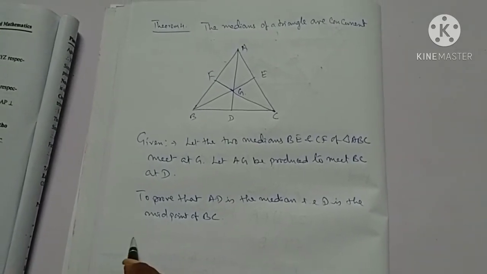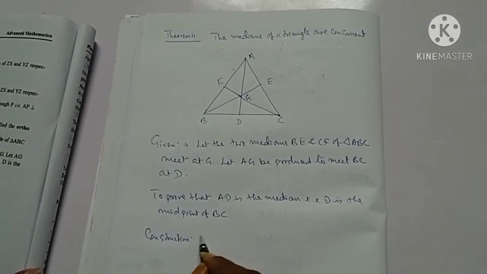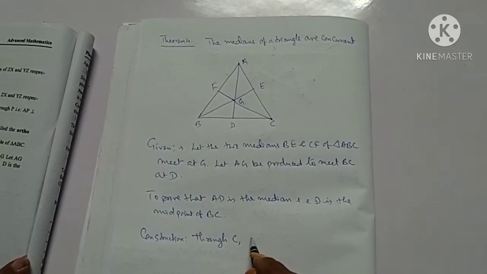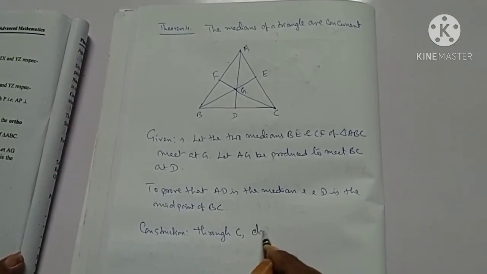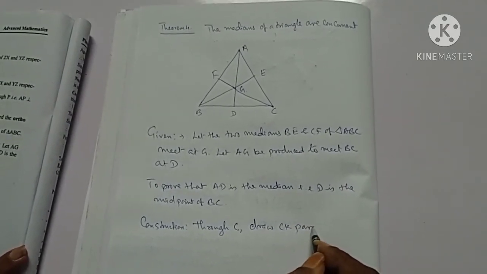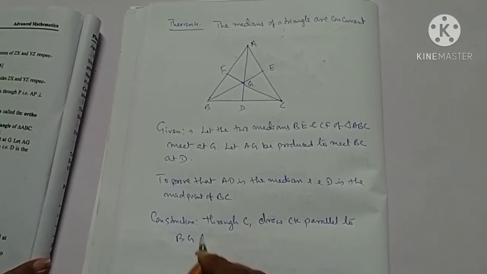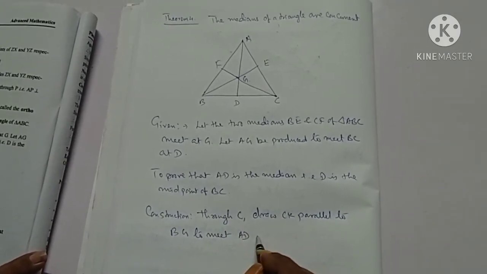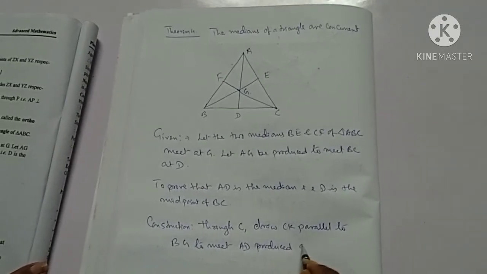So there is a construction: through C draw CK parallel to BG to meet AD produced at K.